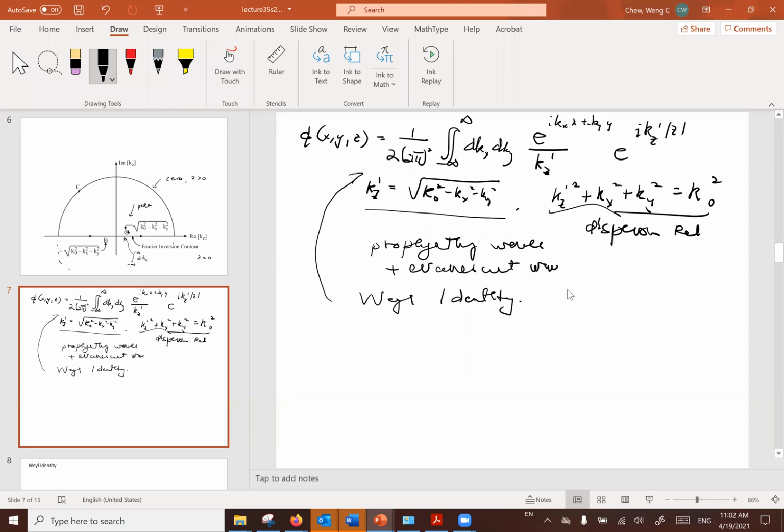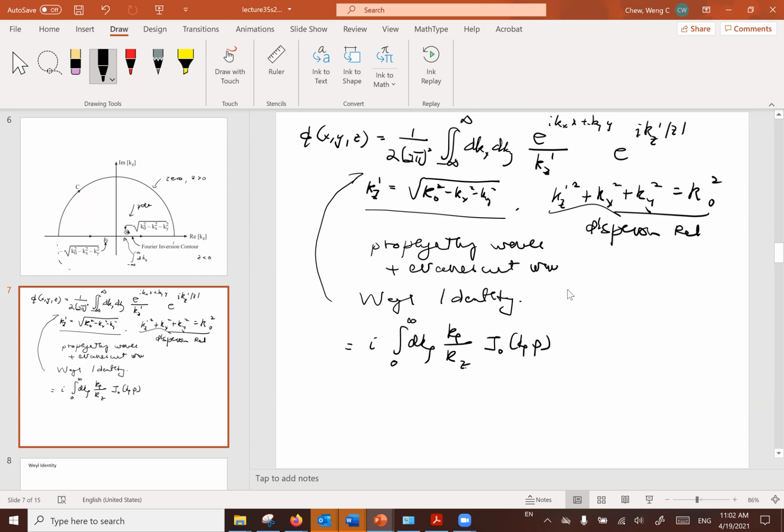I don't have time to go into that manipulation, which is that you can write this identity in two-dimensional fashion, and you can have a new identity which is written in terms of cylindrical coordinates.